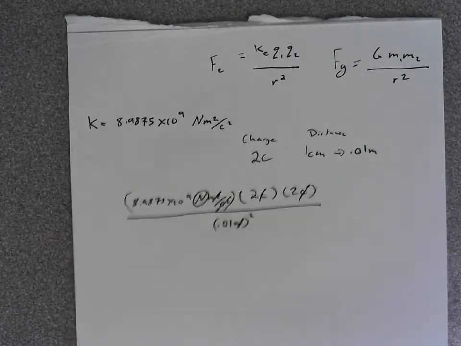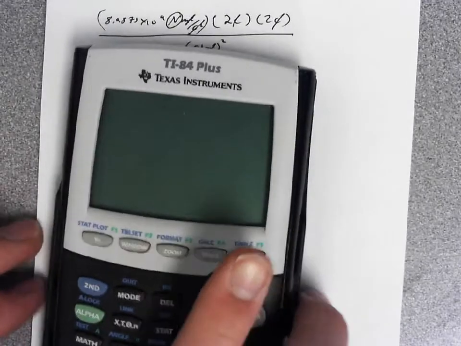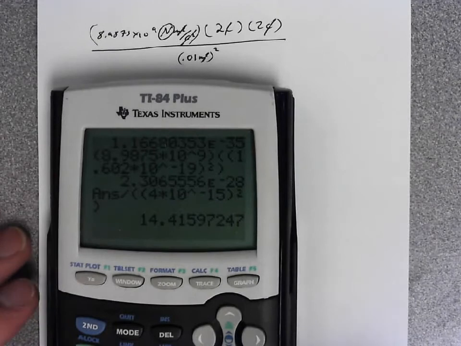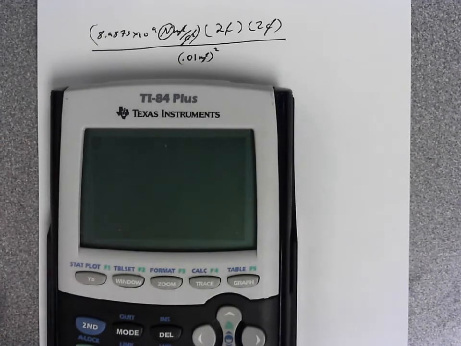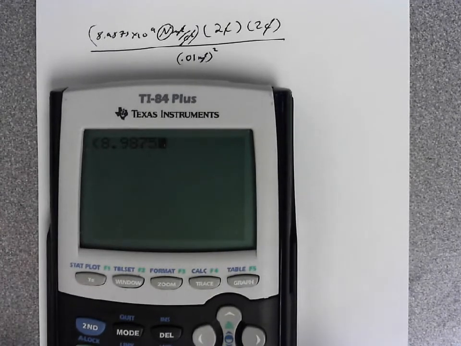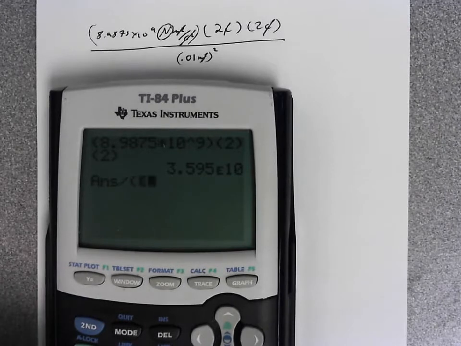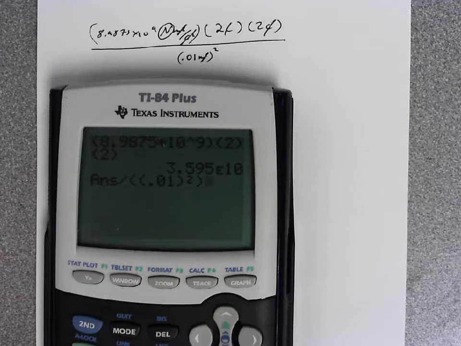The final step really is just quite simple. You just plug it in. Let's make sure you plug it in correctly. We get 8.9875 times 10 to the 9th power, times 2, times 2. Now I tend to do it that way first, get an answer, and then divide by 0.01 squared, like that.